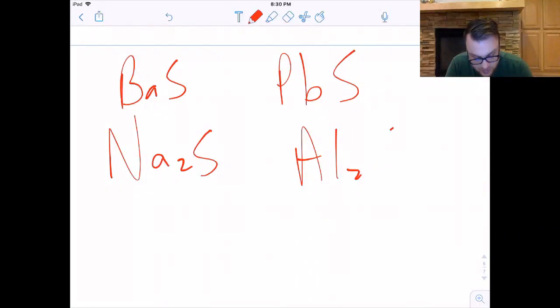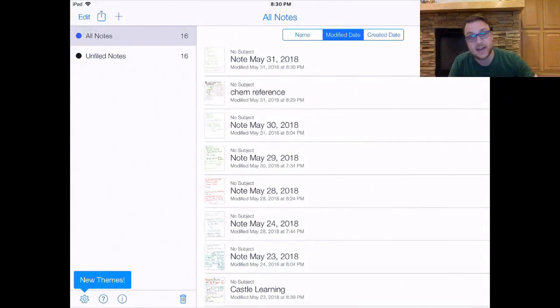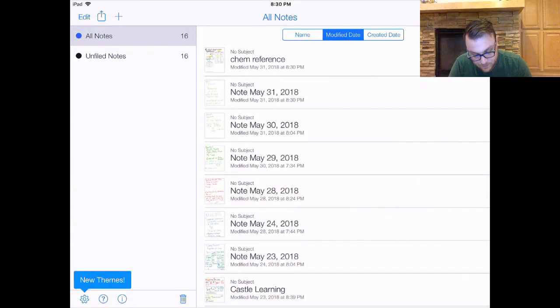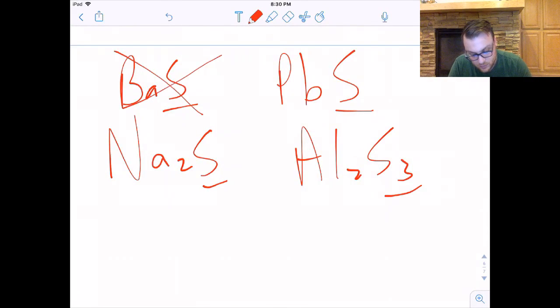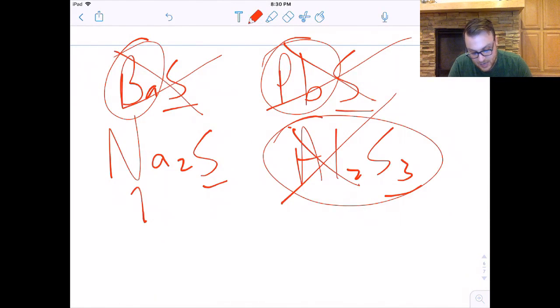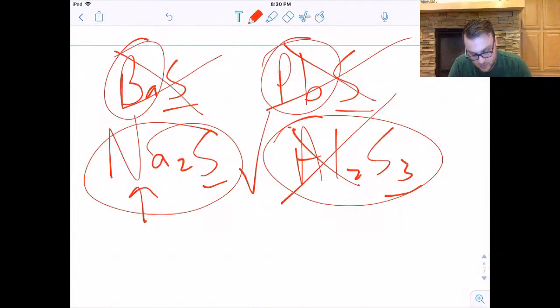So if it asks you if that is soluble, I'm going to check Table F. Sulfides are insoluble unless they're with group 1 or ammonium. Well, Ba is in group 2. Pb is in group 14, something like that. Al is group 13. Na is in group 1. This is soluble. So that's pretty much how you read Table F.